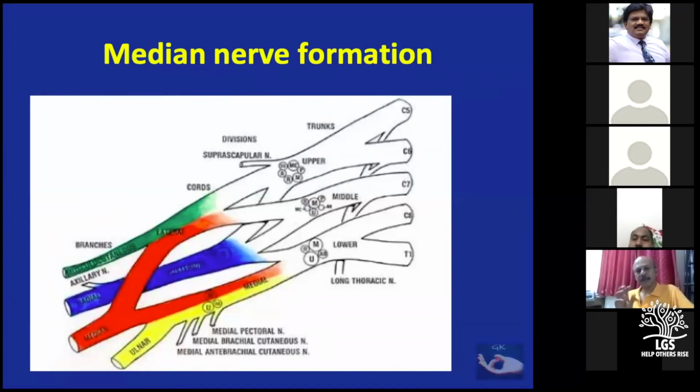What is coming in the lateral root is mainly the sensory fibers to the median nerve. So the sensation on the radial aspect of the hand, the 3.5 fingers, is mainly coming from C5, 6, and 7 roots. And the C8, T1, the medial root, is mainly contributing to the motor function.